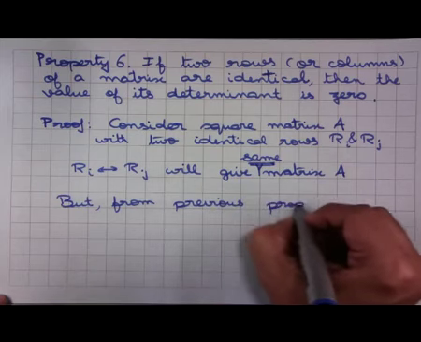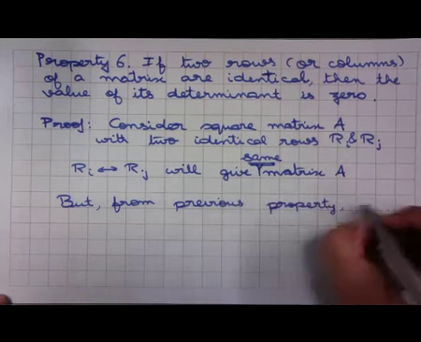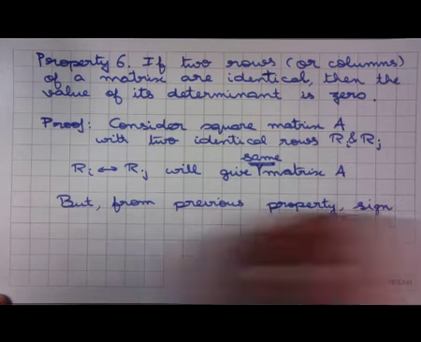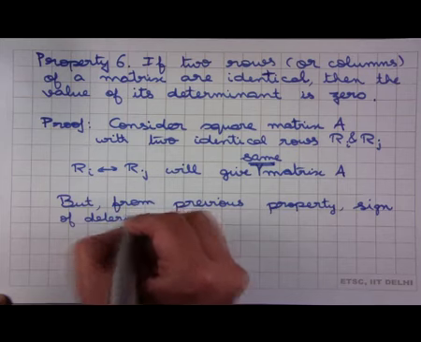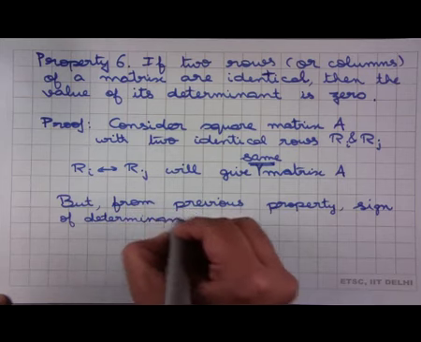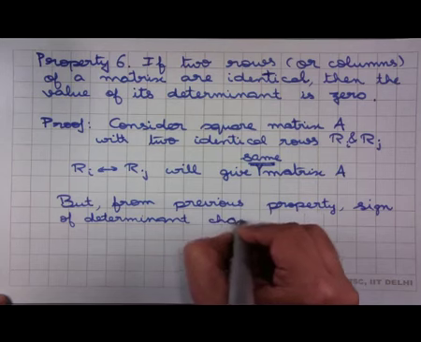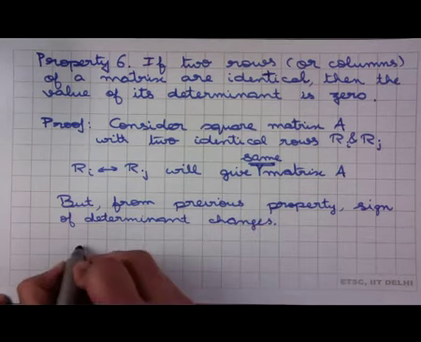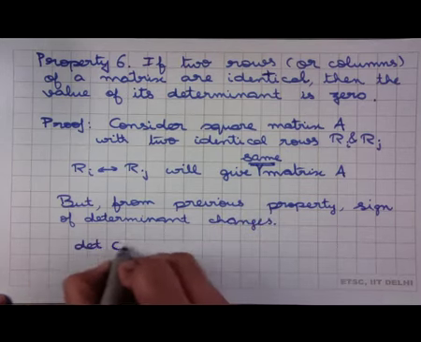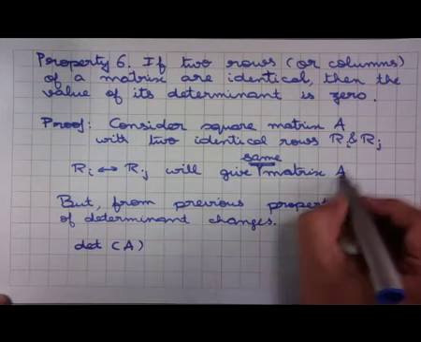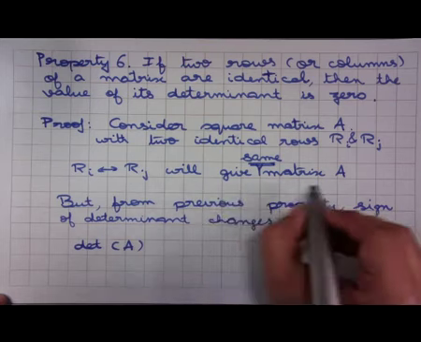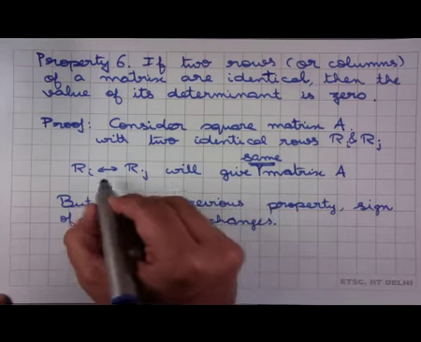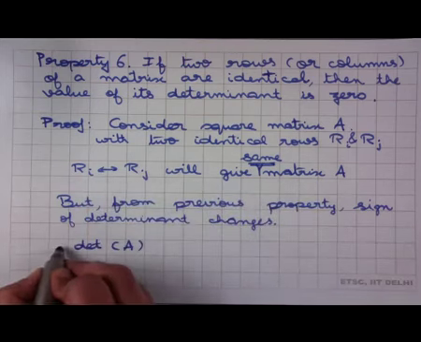the sign of the determinant changes. That is, if determinant A was the determinant of the matrix A, and you interchange the rows R i and R j, then the determinant would be minus of this.